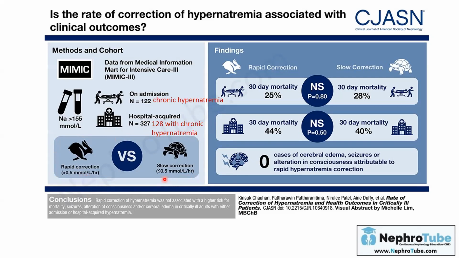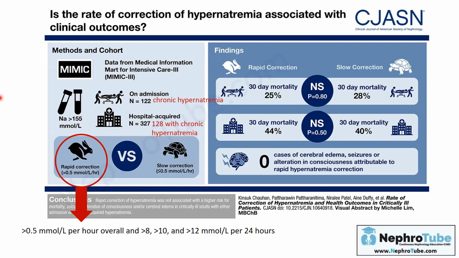Slow correction was less than 0.5 milliequivalent per liter per hour, as we mentioned in the previous study, and more rapid correction. The rapid correction targeted correcting sodium by more than 8, more than 10, and even more than 12 millimole per liter per 24 hours. And finally, there was no statistically significant difference between the rapid correction and slow correction regarding all outcomes of the patient.